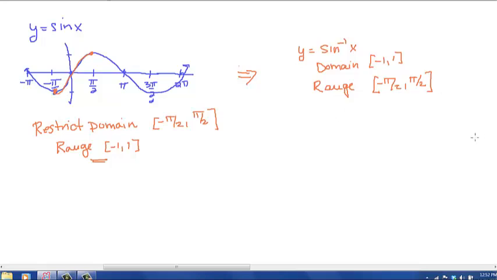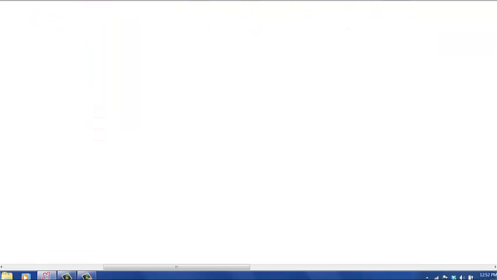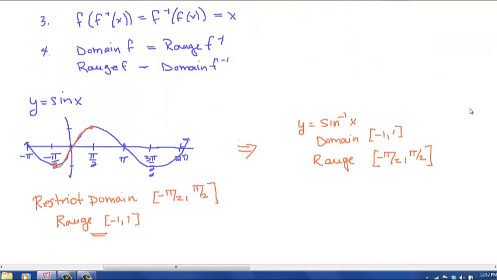All right, let's do the same thing for cosine. All right, so y equals cosine x. We're going to restrict it similarly. So, okay, here's our graph. We could go out to 2 pi. Here's 0.